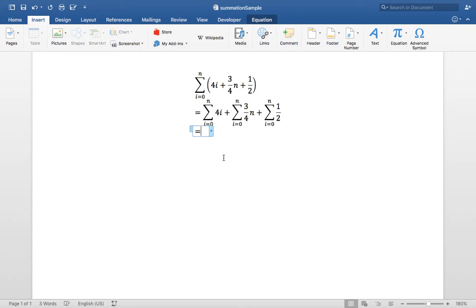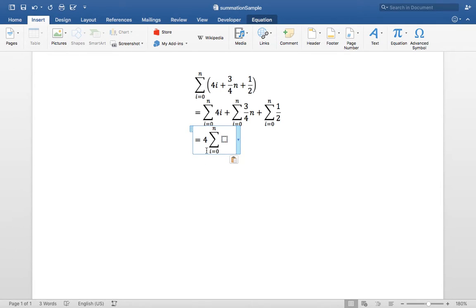There it goes. Alright, so now that we separated our terms into 3 separate summations, now we can play with them. Let's look at our first summation here. We have 4i inside of our summation. 4 is merely a number, it's a constant. And something cool is if we have a constant, we can just tack it on at the outset of our summation.